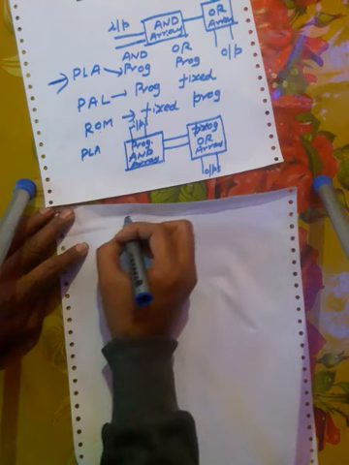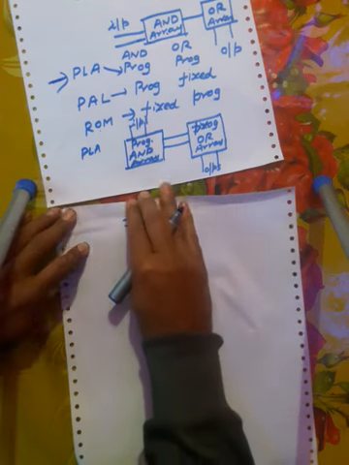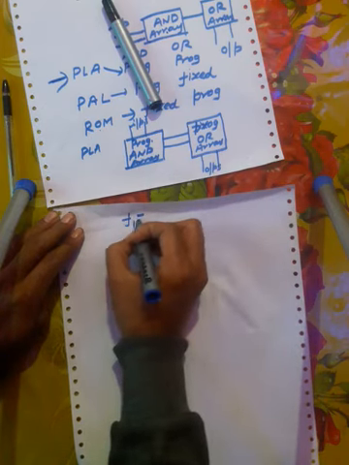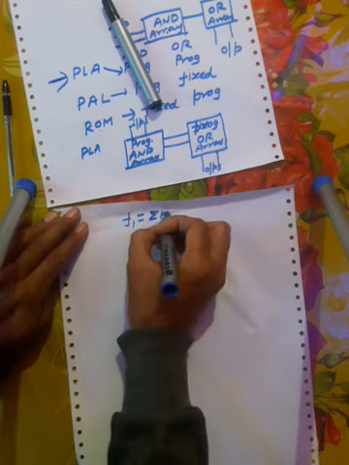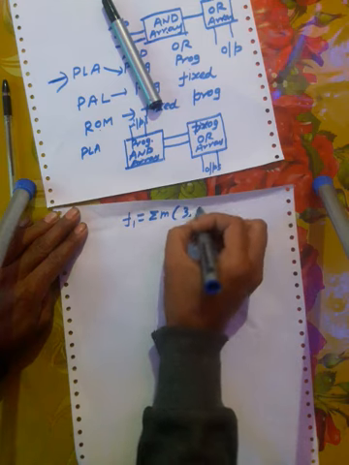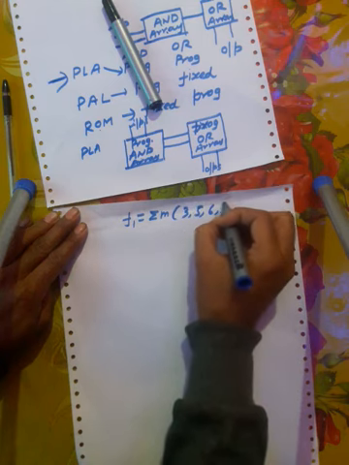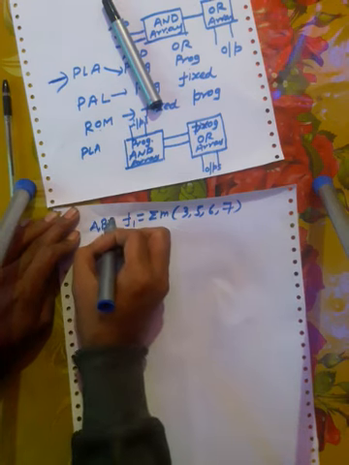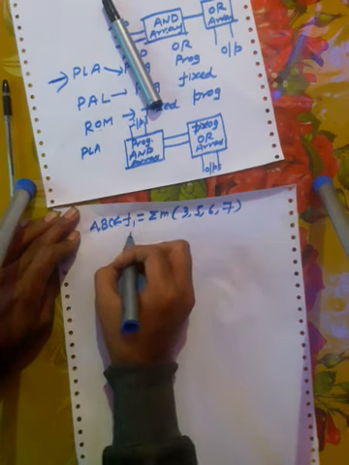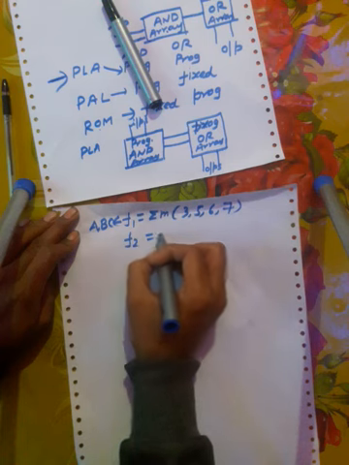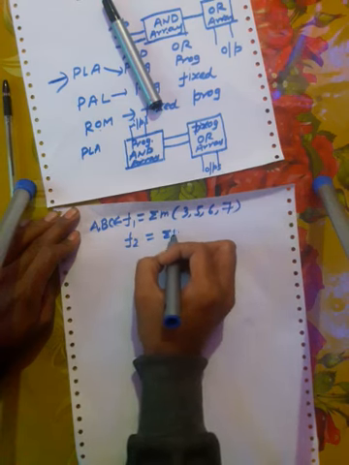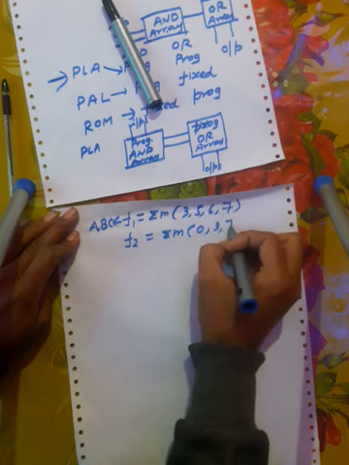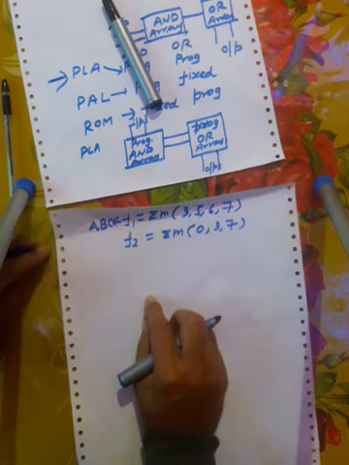Suppose F1 is sigma m 3, 5, 6, 7, a function of ABC. Suppose F2 is sigma m 0, 3, 7.